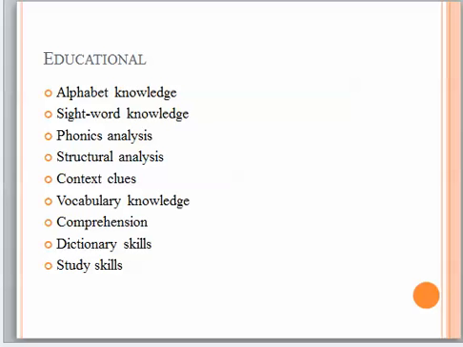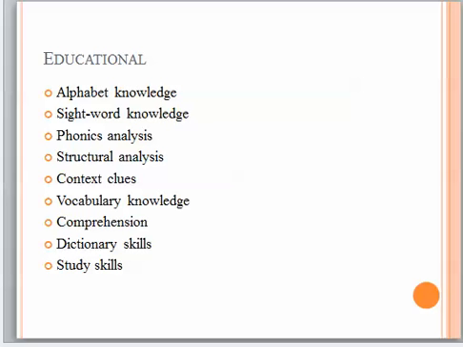Context clues, reading the entire sentence, the entire paragraph, and figuring out what that word means. Vocabulary knowledge and understanding vocabulary, perhaps understanding the different meanings that words may have. Comprehension, truly understanding how to read and comprehend information, finding the main idea, the supporting details.